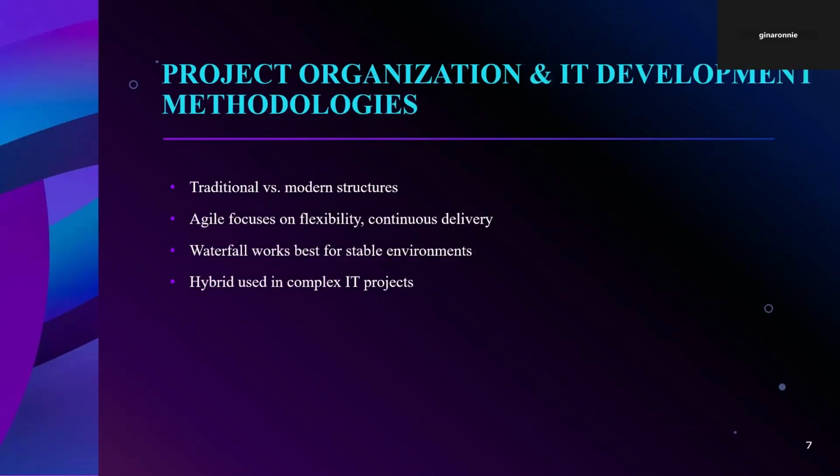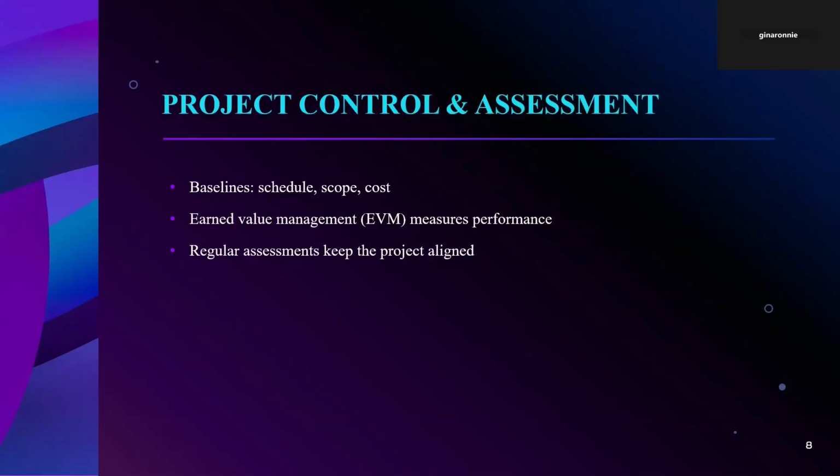Now, let's talk about the project organization and IT development methodologies. Agile methodologies emphasize flexibility, continuous feedback, and iterative delivery, whereas waterfall methodologies provide a structured, linear approach that works well for stable, predictable projects. High project control and assessment.